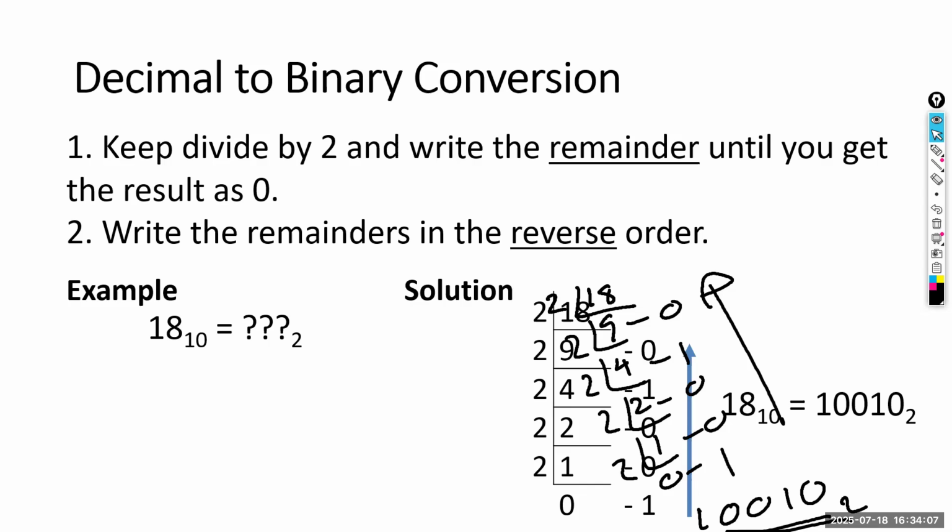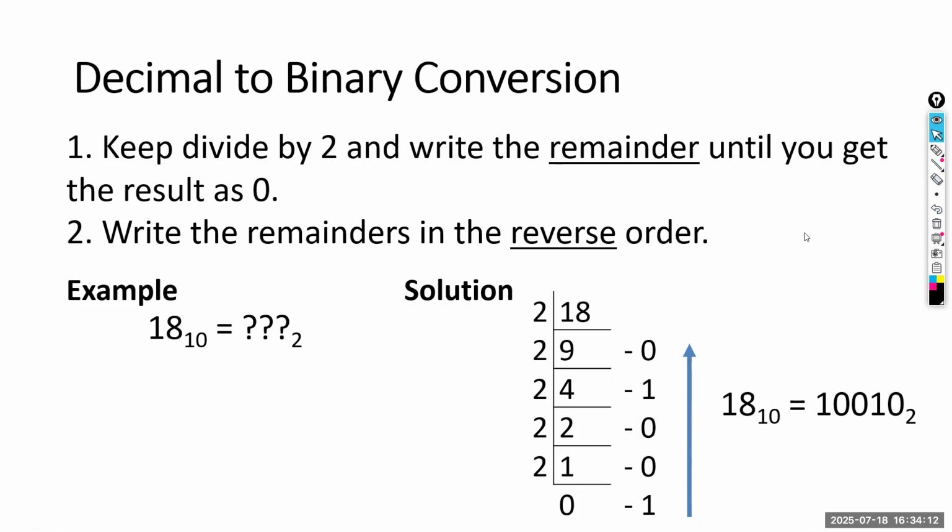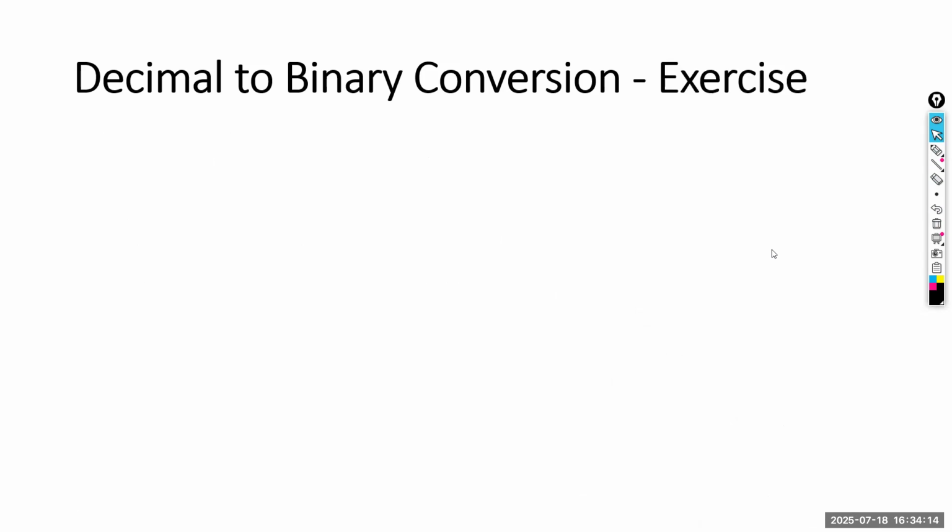I'm not going to do a lot of questions, just one exercise only, because it is the same way whether you convert 100 numbers or whatever. Right. So this is the only exercise. Just do this. Convert 156 into base 2.